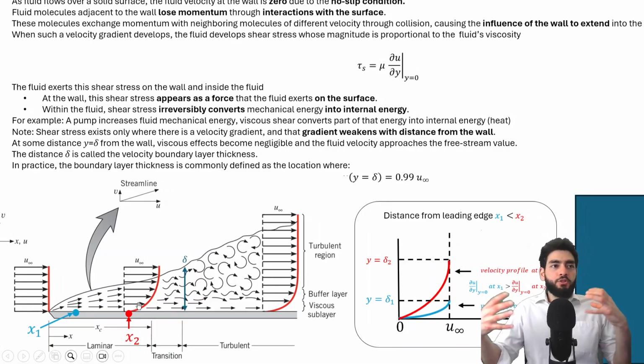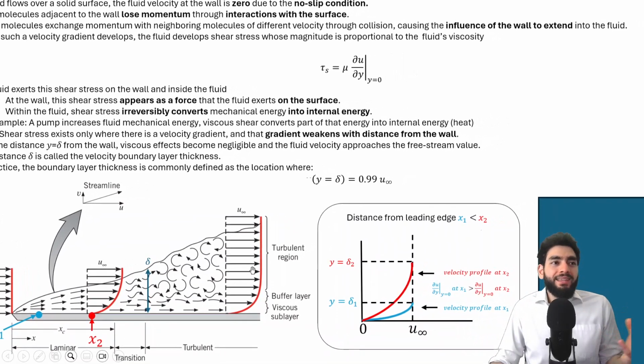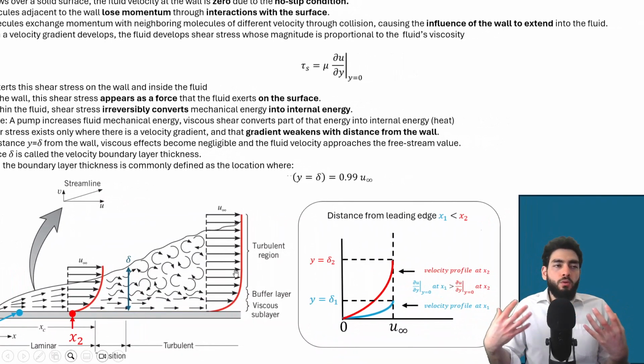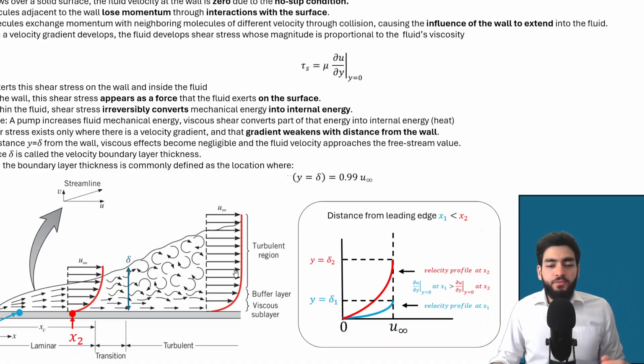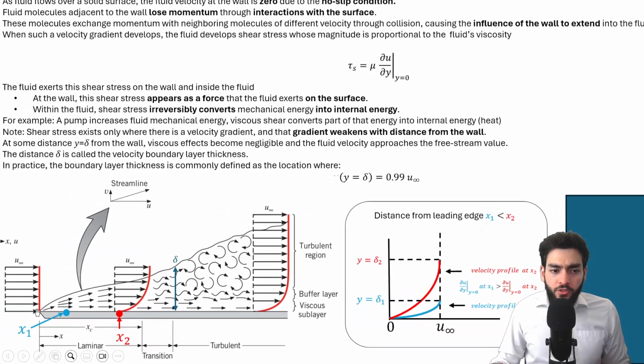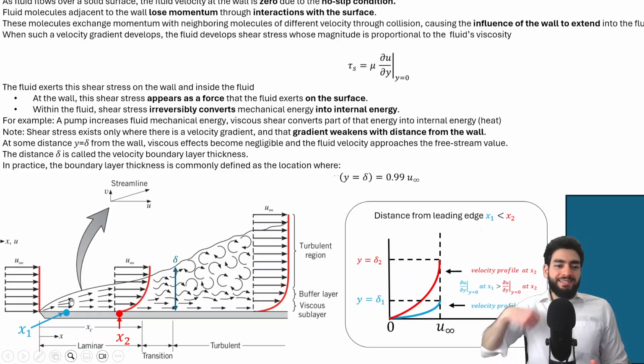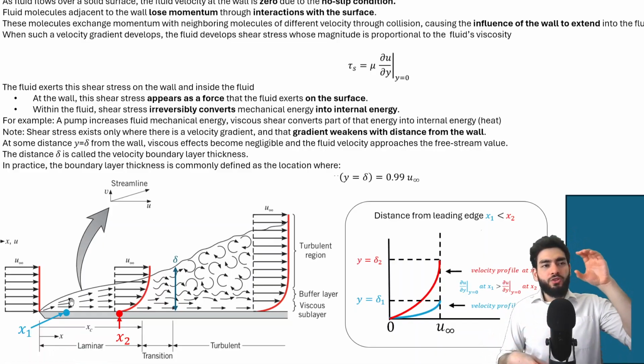Now, there are many perspectives for you to look at this with, but I'll give you my explanation because it helps me visualize it. If you look at the point x1, the boundary layer thickness that is developing has a very short distance.